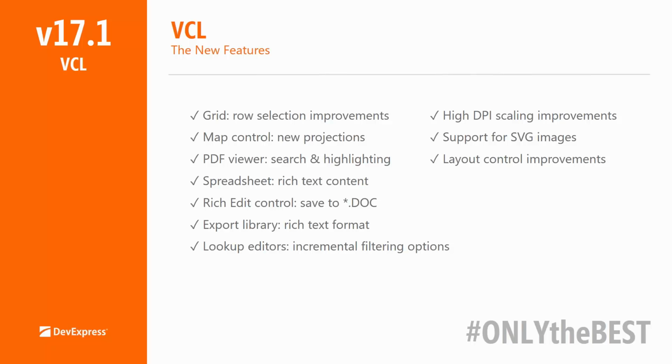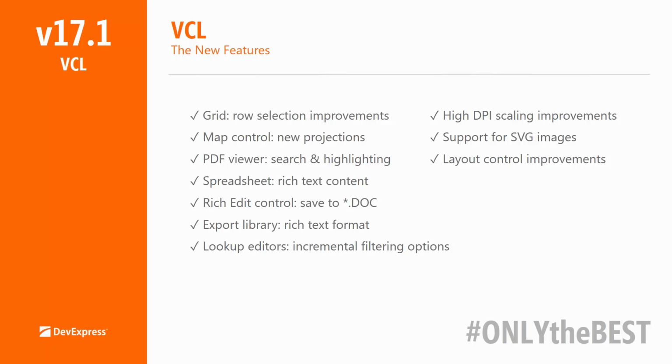PDF viewer, we continue to improve that. This time round we have searching and the highlighting of found text. Spreadsheet, you can now put rich text inside your cells. Eek. Rich edit control, we have now added the save to doc format.